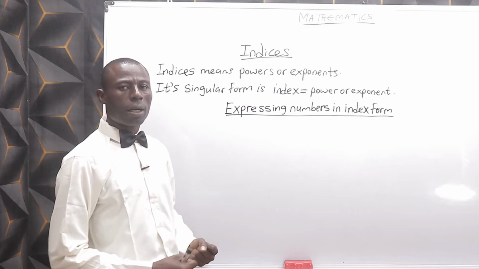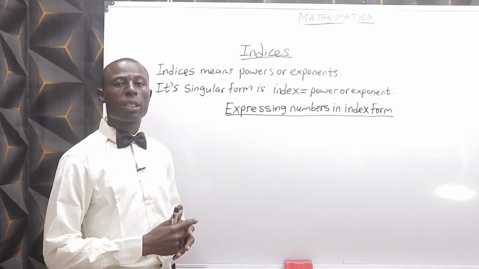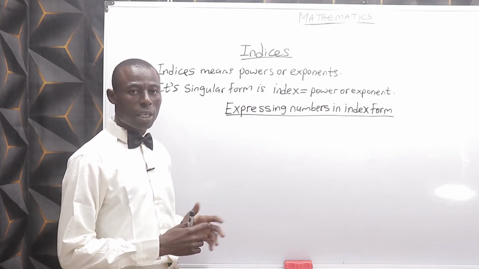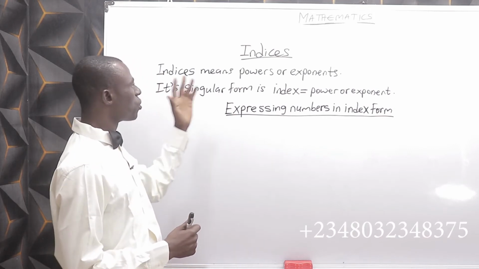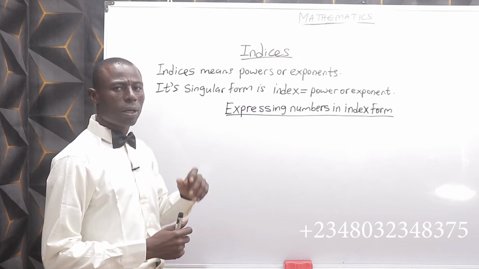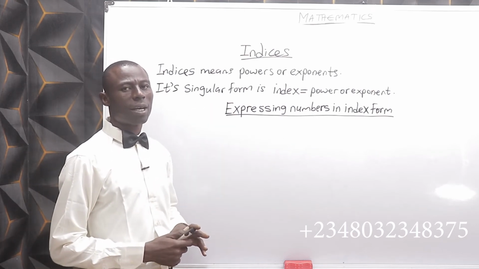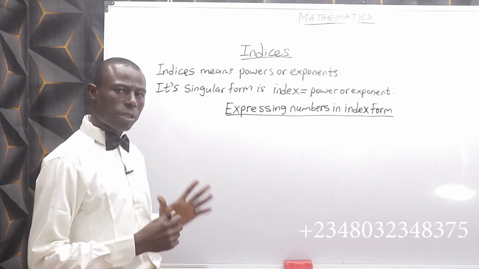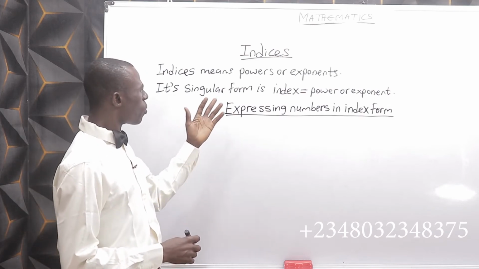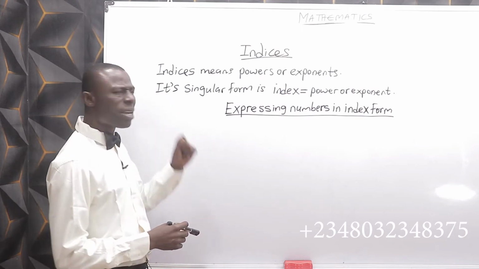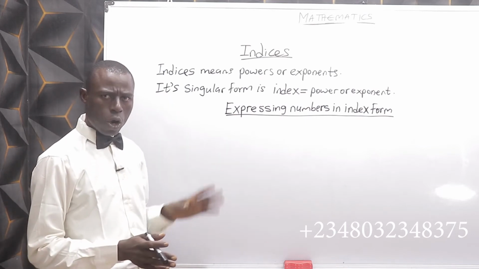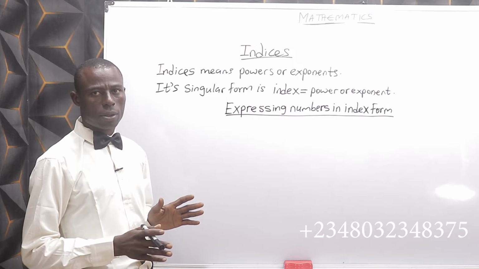Now, having done justice to the assignments given to you in the last class, today we are moving straight to another topic called indices. That is what we want to deal with today. What do we mean by indices? Indices means powers or exponents.